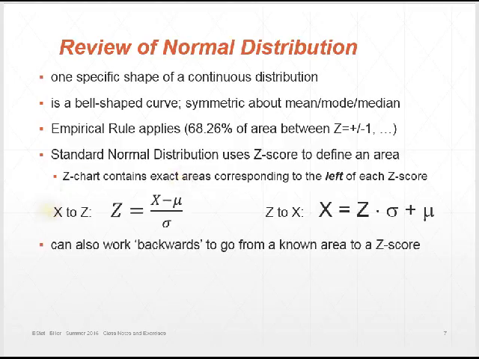To go from an x value to a z value, we determine the difference between the x value and the population mean and divide by standard deviation. If we algebraically rearrange that formula, we can convert a known z into an x value, as indicated here.